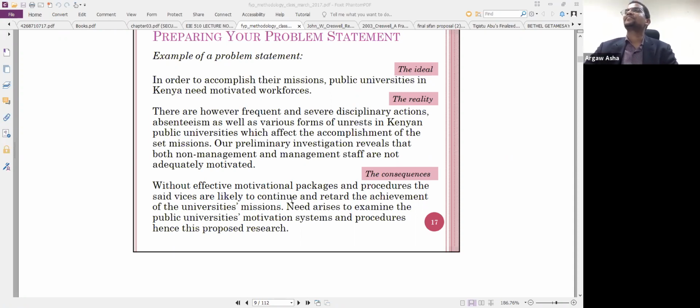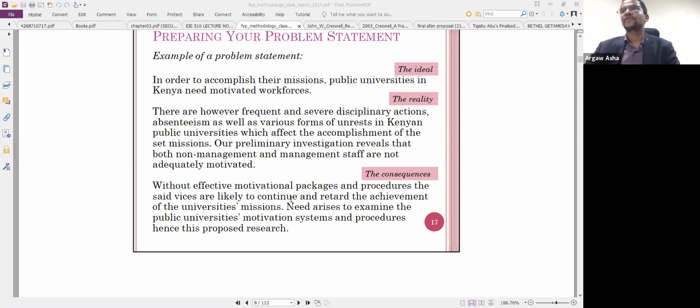Then what is the consequence? Without effective motivation packets and procedures, the said problems are likely to continue and retard the achievement of the universities' missions. The need arises to examine the public universities' motivation systems and procedures, hence this proposed research.